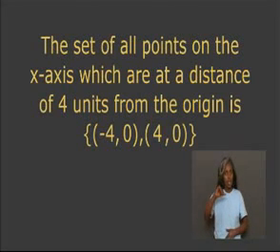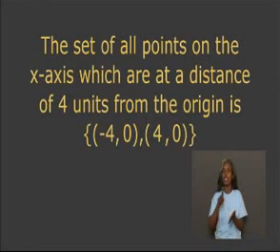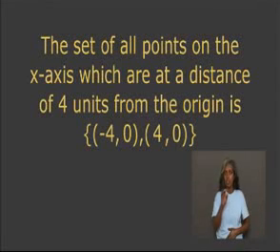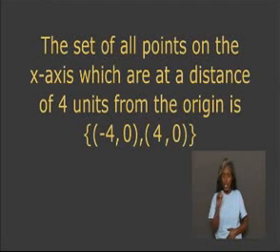Another example of loci are the set of all points on the x-axis, which are a distance of 4 units from the origin. The loci that satisfy this condition are the set containing ordered pairs (-4, 0) and (4, 0).